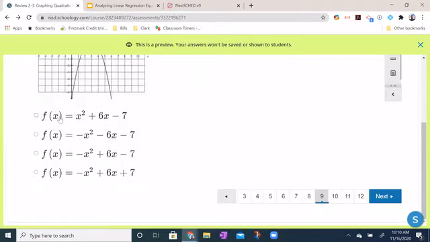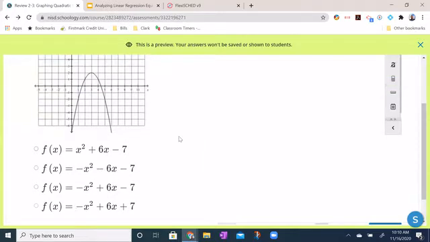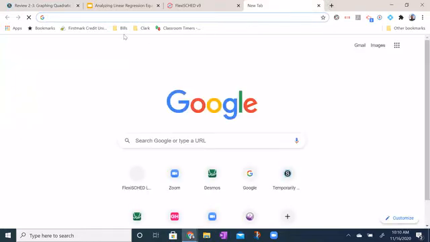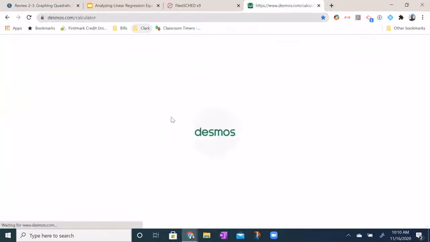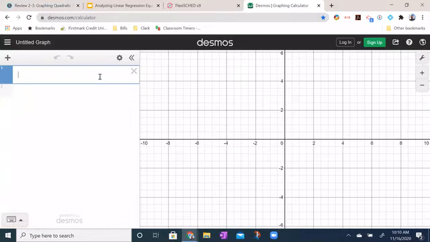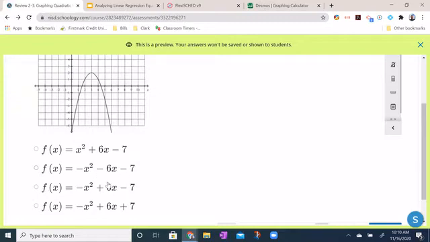All right, so again, this one's out, and +7's out, so we got these two. So we can use Desmos here. You know the link is in your resource folder, and we can type in an equation from here. So let's try the +6.